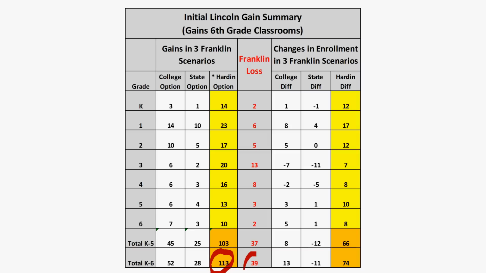There are currently 39 students attending Lincoln Elementary through Franklin Choice. Therefore, the differential in the Hardin option would place 74 extra students into Lincoln Elementary. Remember, once again, the college option and the state option were not viable options because they overcrowded Washington Elementary.